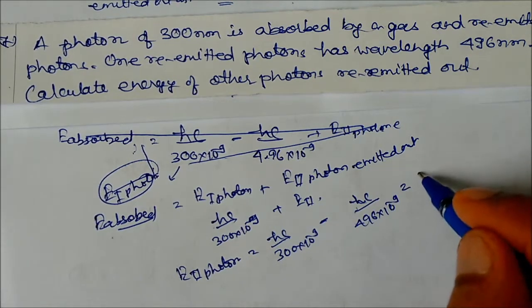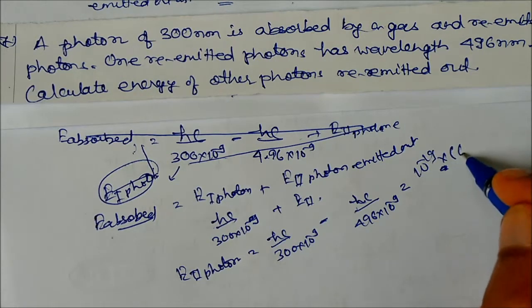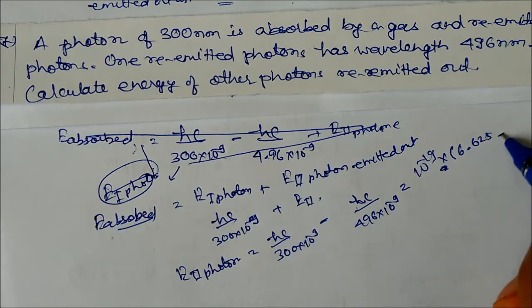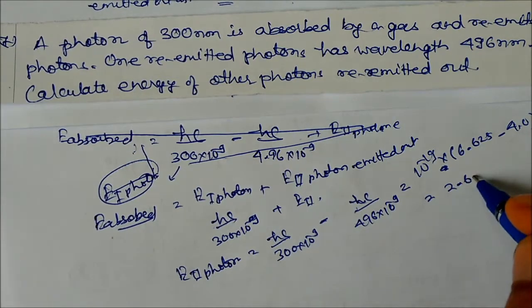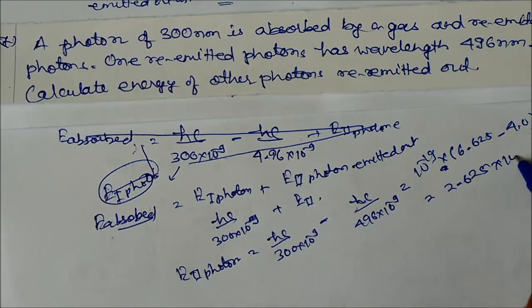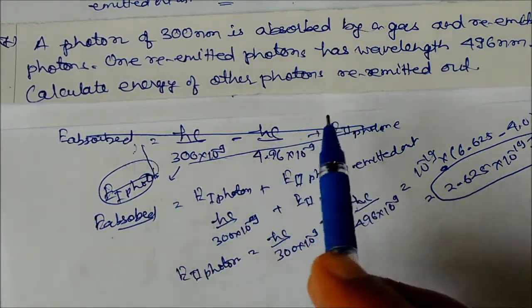On solving, we get 6.625 minus 4, so you will get 2.625 into 10 power minus 19 joules. So this much energy is emitted by the other photon.